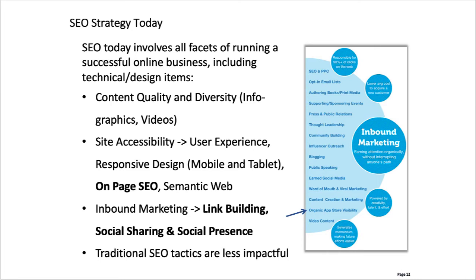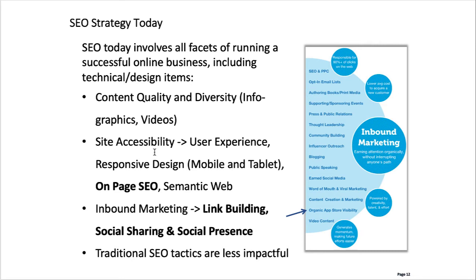The strategy includes multiple aspects. First is the content quality and diversity. So you have to use a lot of unique images and videos and provide great content that is useful for the users, so the users will be engaged and will come back and revisit. Next is the site accessibility.